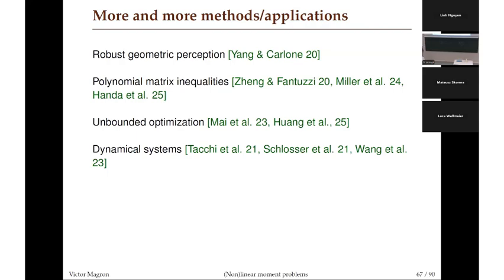During COVID, there were two theses on the topic of dynamical systems and set approximation, where it's basically much harder to apply the correlative sparsity techniques. There was the thesis of Matteo Tacchi and the thesis of Corbinian Schlosser that you might have met. So this is still quite open.